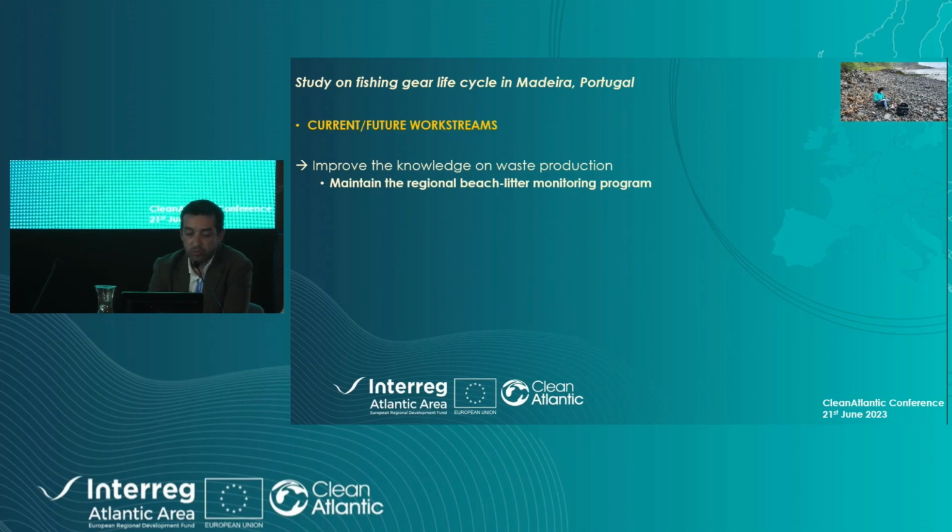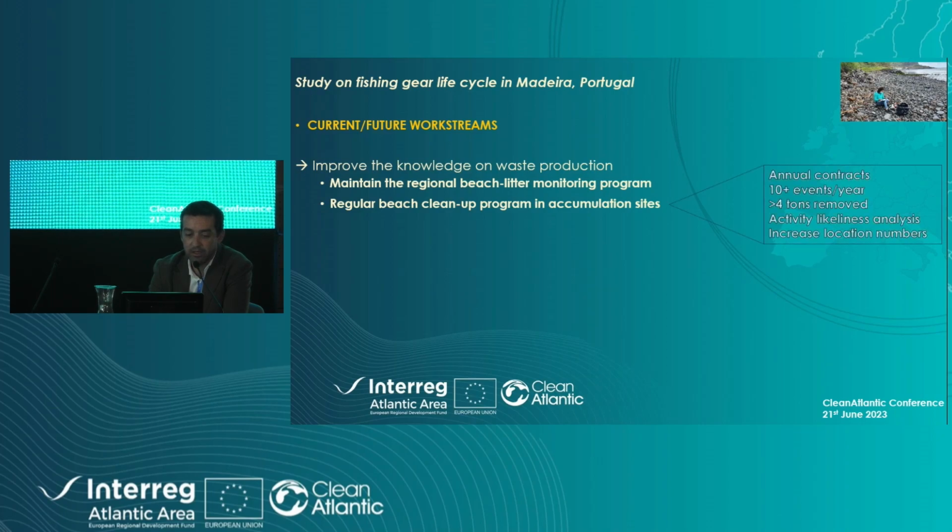We need to continue to improve the knowledge on waste production. So the regional beach litter monitoring program nowadays has 10 sites, 4 times a year, with a dedicated team. We can evaluate trends and good environmental status on the coast, because the ocean is a different story. And we can now analyze more accurately what is single-use plastic and what is coming from the sea.